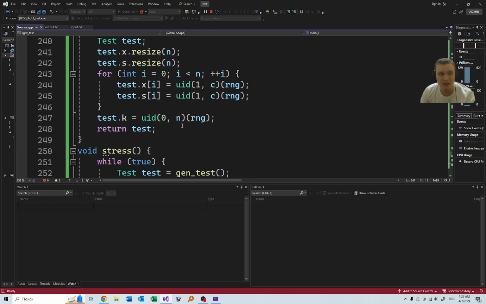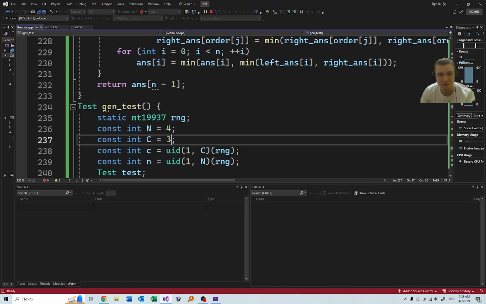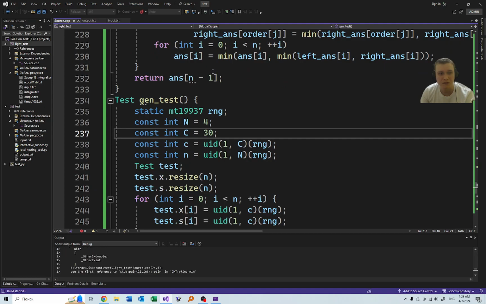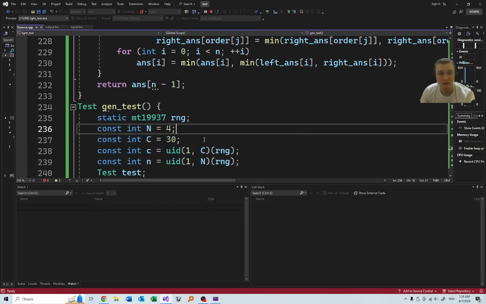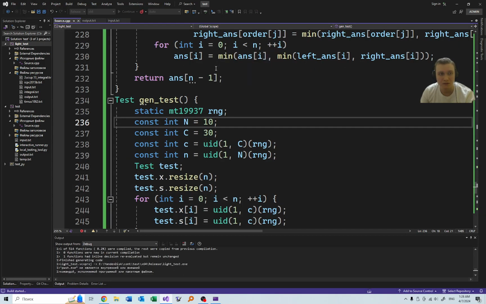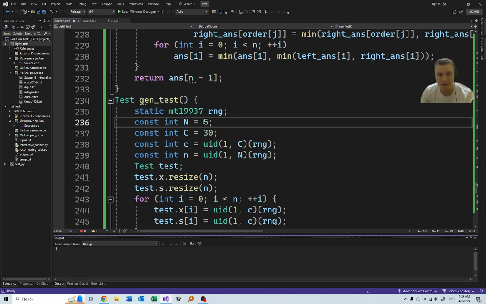Okay, now it is unable to find such a small test. But what if we replace it with 30? No. What about 10? Yes, it finds something.